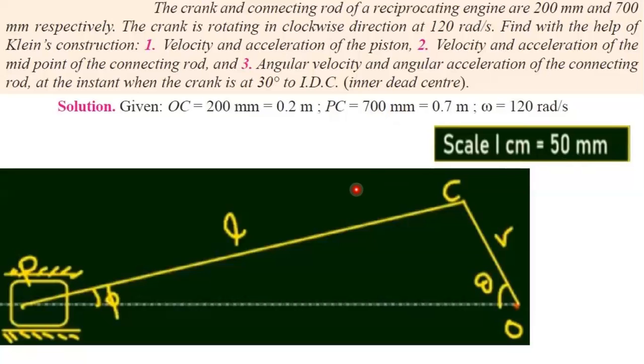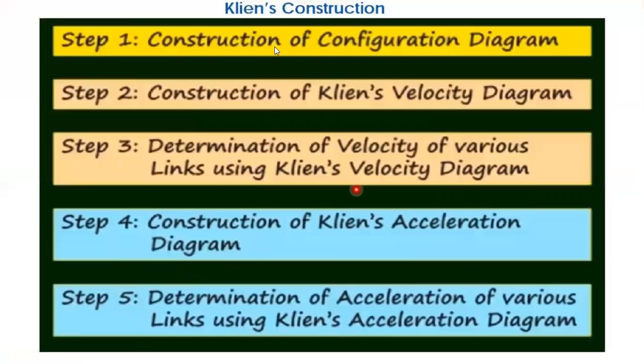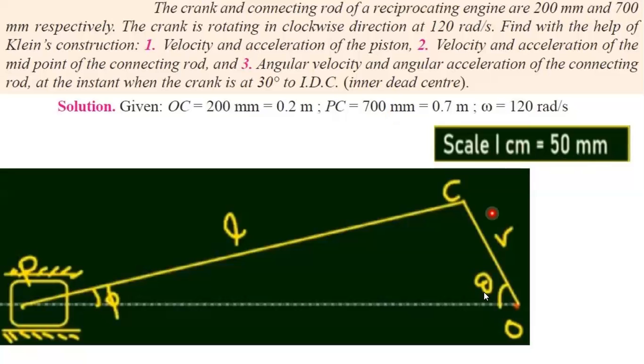So what is the first step? We need to construct the configuration diagram. We have the crank angle, the crank radius and the connecting rod length. The crank radius is 200 mm, and if you divide it by 50 you will have 4 centimeter.